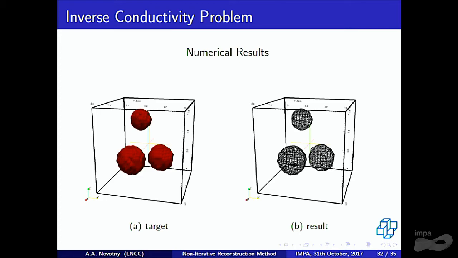Actually, the expansion is completely different, of course, because the expansion I showed before through the theorem depends on many, many things. It depends on the operator, on the dimension, on the nature of the anomalies. If it's a hole, it depends on the boundary condition of the holes. If it's an inclusion, it depends on the transmission condition and so on.